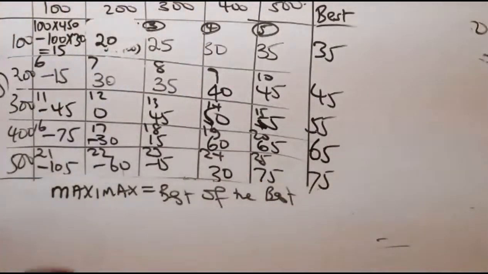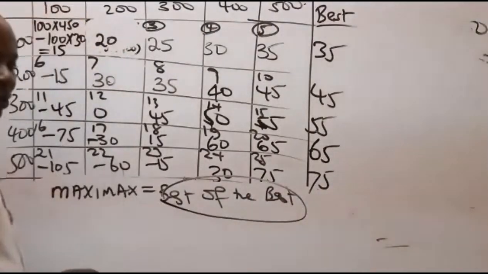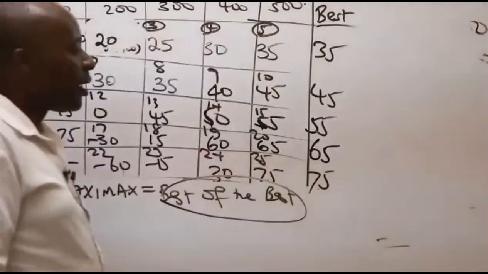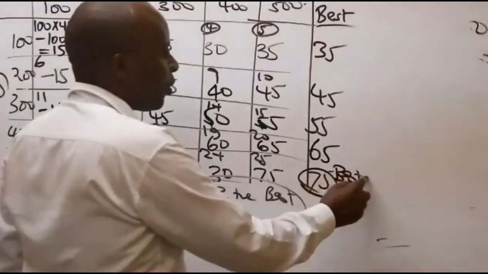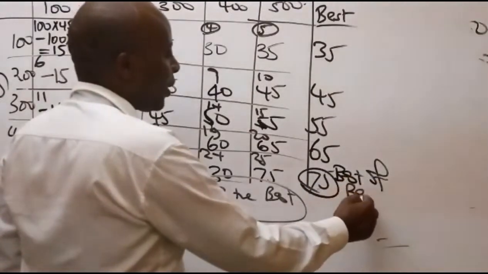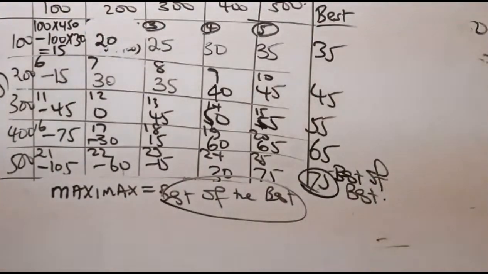All those are best scenarios, but remember, they want me to give them best of the best. So amongst all these, which one is the best of the best? It is this 75. That's what we call best of the best.